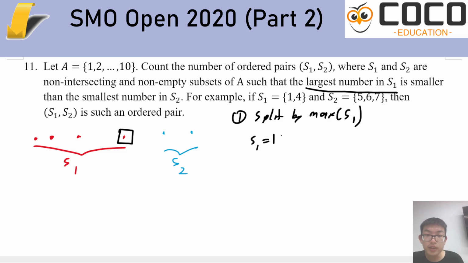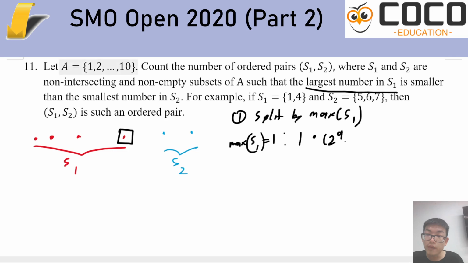If the maximum of S1 is 1, that means that there's only one choice for S1, which is that it only contains one element. And for S2, it can use any of the numbers from 2 to 10, except that it is non-empty. As we are mostly familiar with, when we want to count the number of subsets, for each element, you either pick it or don't pick it.